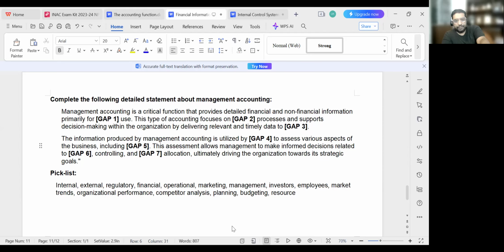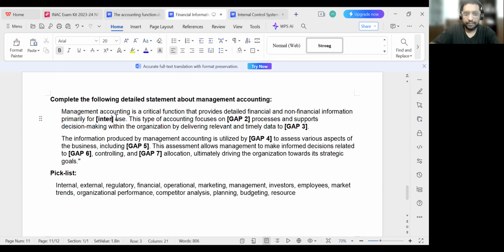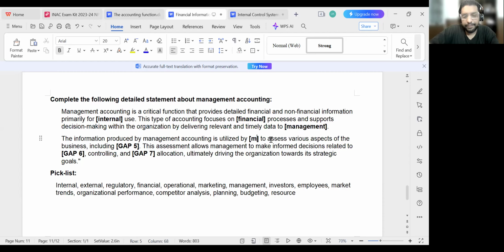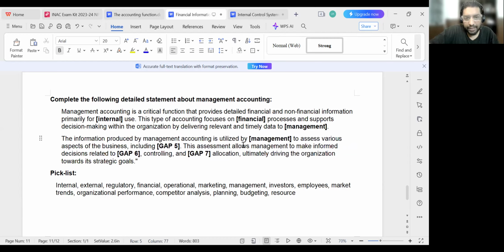Okay. Let me write that down. The information produced by management accounting is utilized by management to assess various aspects of the business, including, I'd say, organizational performance.